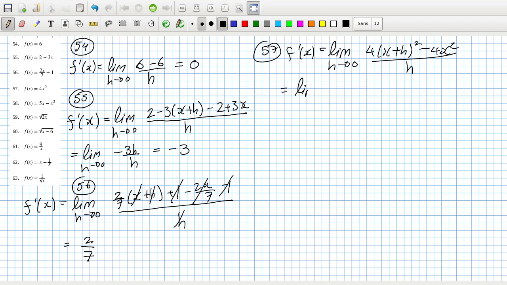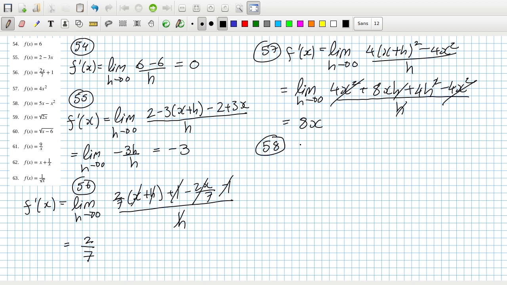So that's the limit as h tends to 0 of 4x squared plus 8xh plus 4h squared minus 4x squared all over h. And that cancels with that. And that ends up being just 8x in the end. 8x plus 0. Okay.